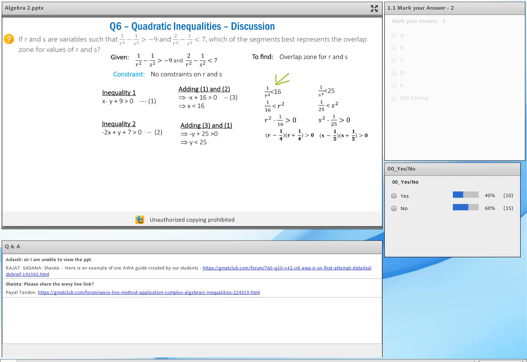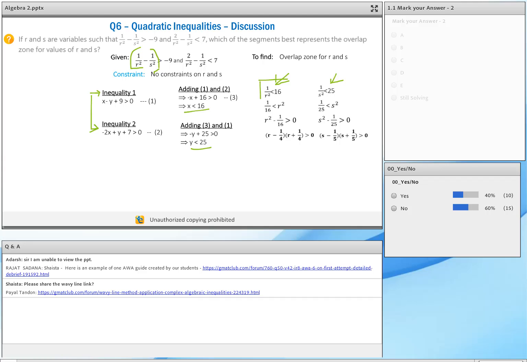Essentially, all we did was replace the appropriate variables and then solve the inequality. Solving these two inequalities is not really complicated. It's a system of linear inequalities, right?